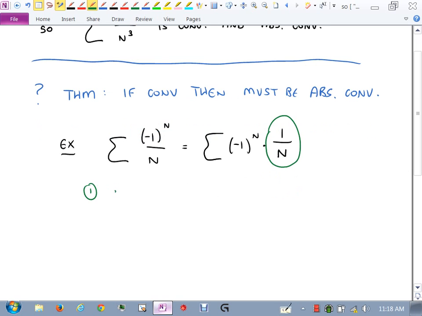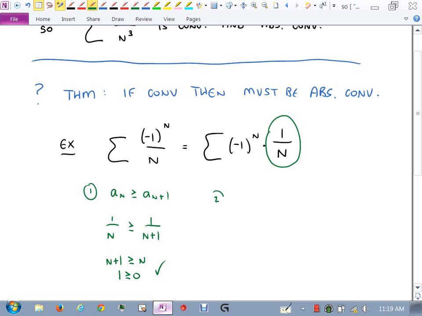First condition is a sub n greater than or equal to a sub n plus 1. Well, is 1 over n greater than or equal to 1 over n plus 1? Multiply through: n plus 1 greater than or equal to n. I'm hoping after doing enough homework you're comfortable with me doing this step. Is that true? Yes, 1 is greater than 0, that's true. First condition is going to hold. What about the next condition?